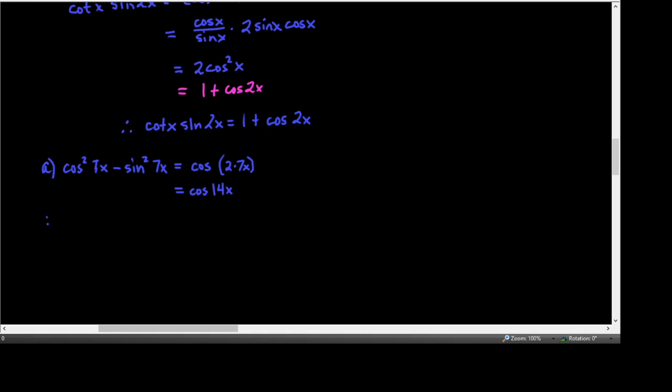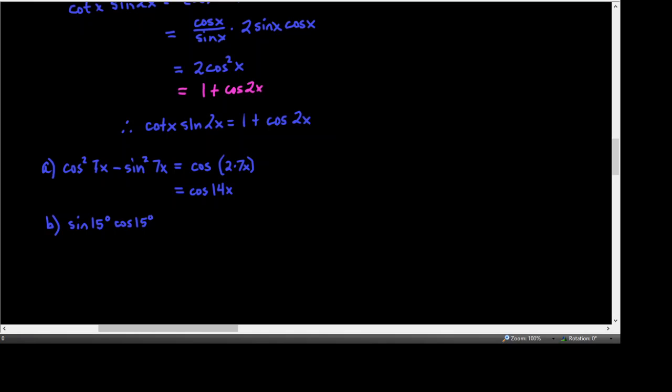B. Sine of 15 degrees times cosine of 15 degrees. Well, that's almost the double angle identity for sine, except for it's missing something.